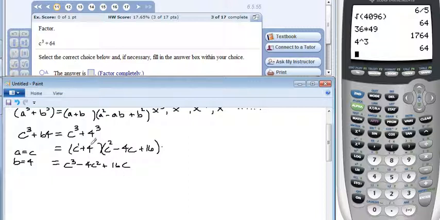Now I'm going to do it again with my 4. 4 times c squared is a positive 4c squared. I'm going to stack my like terms so that they're easier to combine. Then I have a negative 16c there. And here I have 4 times 16, which is positive 64.